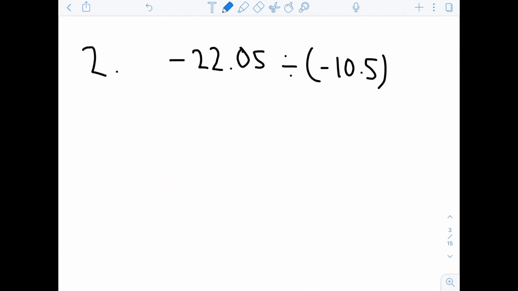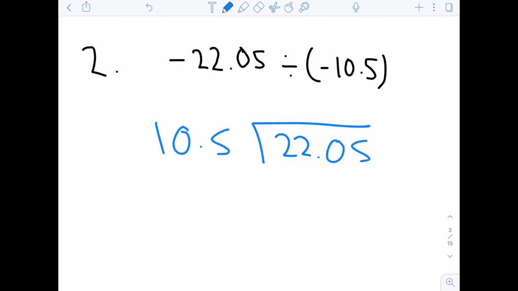So same rules with division. They have the same signs. They're both negative. So the quotient is going to be positive. So we have 10.5 and 22.05. So we can't just go ahead and divide it right at the moment.